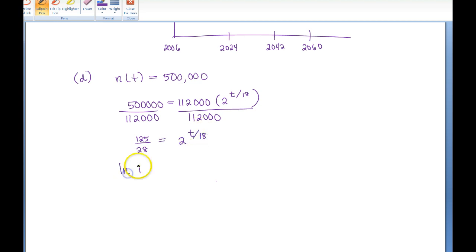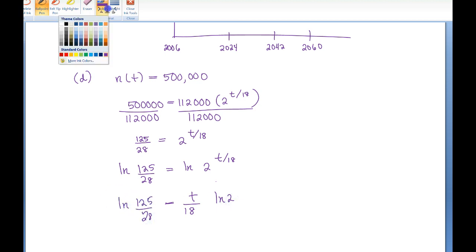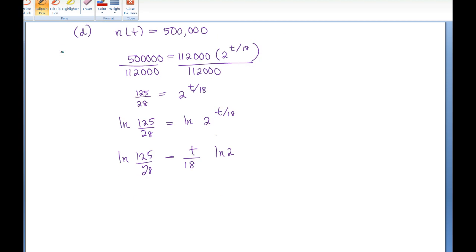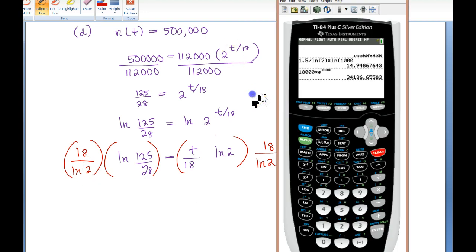So now I'm going to do ln of both sides. Again, that just moves the t over 18 to the front. And now I want to isolate t. So I'm going to multiply by 18 over ln of 2 to get those to cancel. So 18 times ln of 125 over 28, divided by ln of 2. Let's see what we get for that.